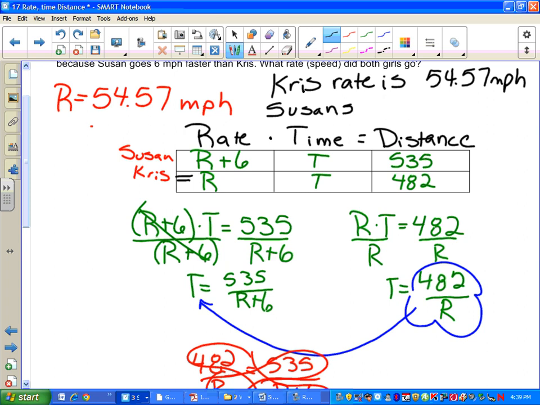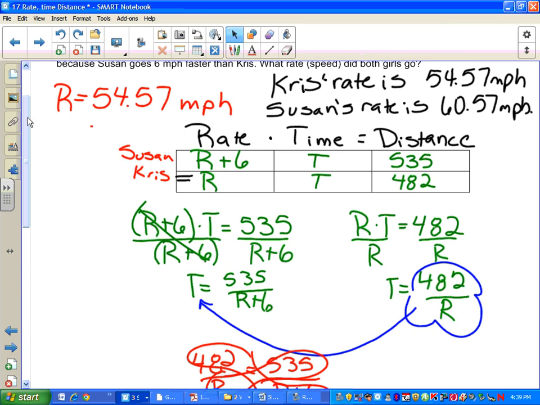So Susan's rate is 54 plus 6, which would be 60.57 miles per hour. Now you should be able to do 1 through 6, maybe it's 1 through 5 on your worksheet. Try them this way.